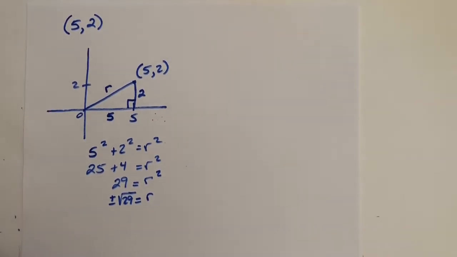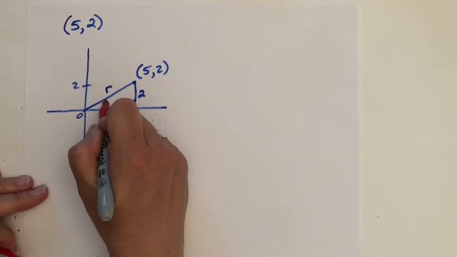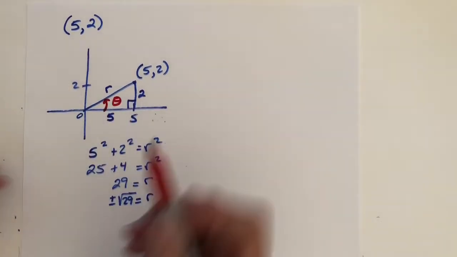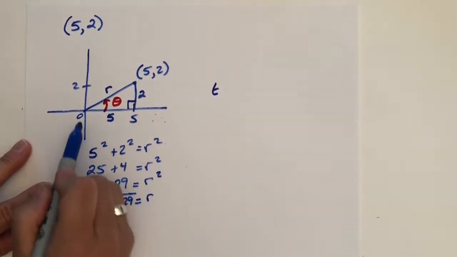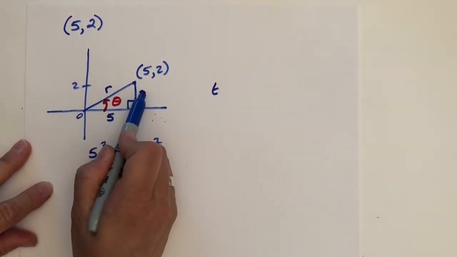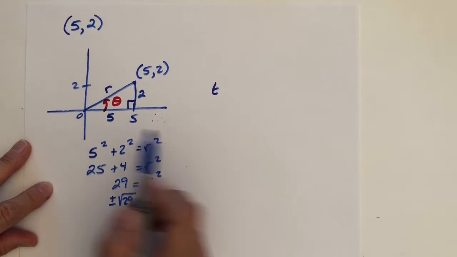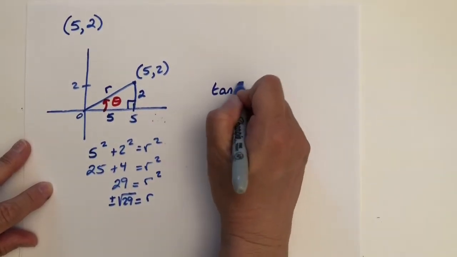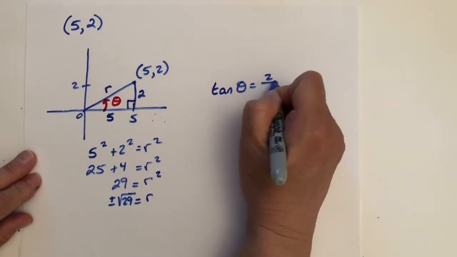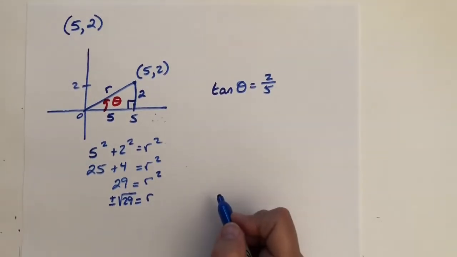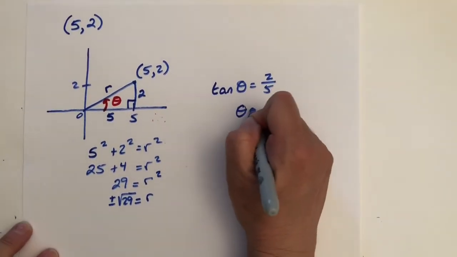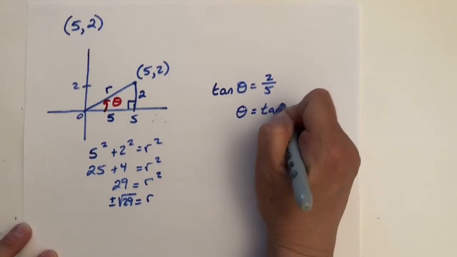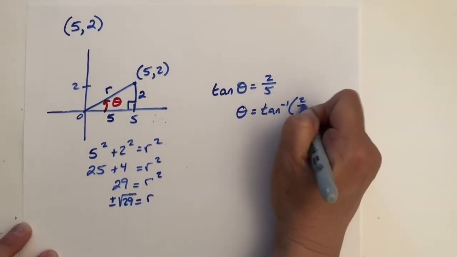But now I need theta. And theta is this angle right here. So we have tangent of theta. Notice that's our ratio. We have the y value and the x value. So we know tangent of theta equals 2/5. And now we'll use our inverse tangent. Theta equals the inverse tangent of 2/5.